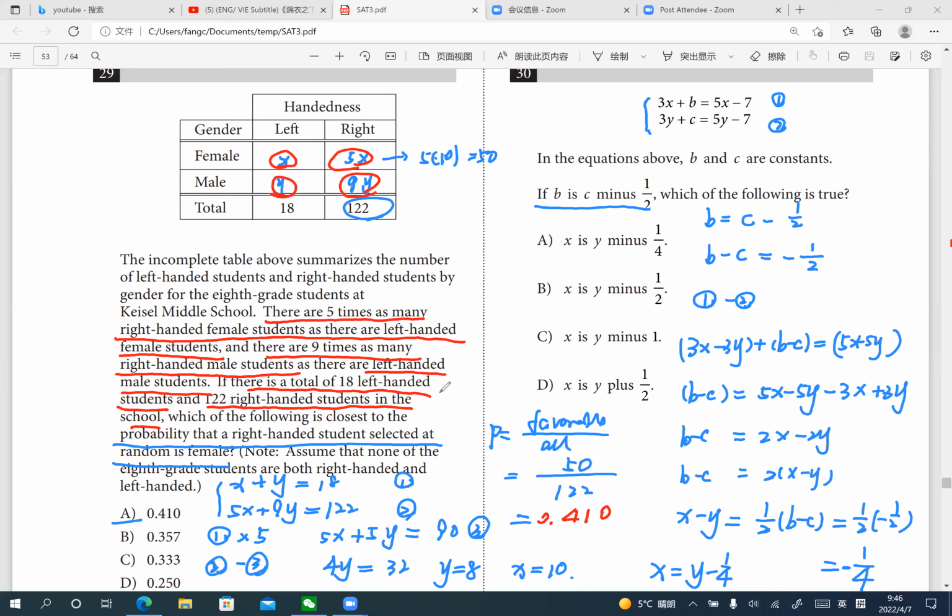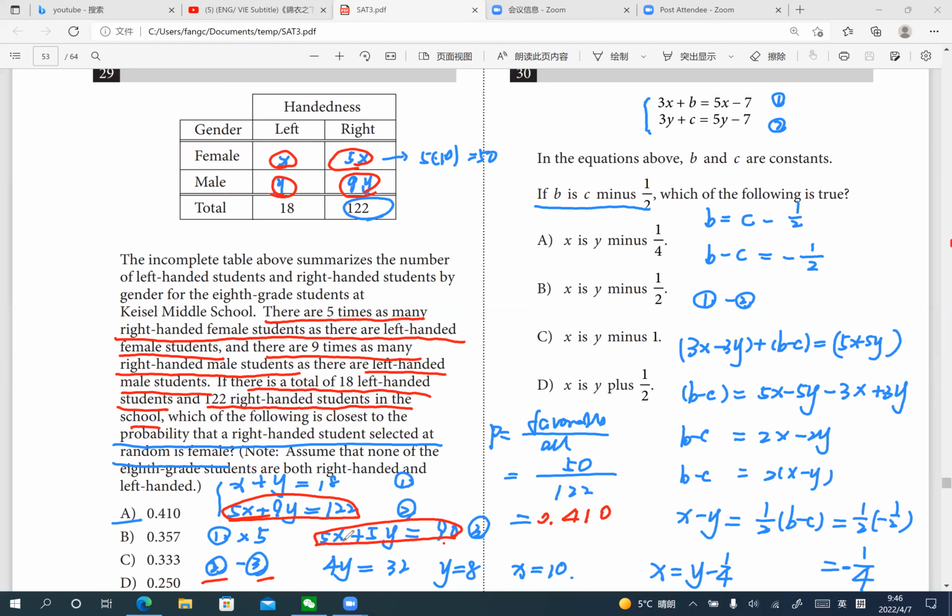We multiply the first equation by 5. We get 5x plus 5y equals 18 times 5, which is 90. We call this the third equation. And we subtract the third equation from the second equation.